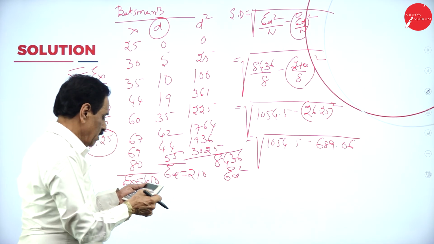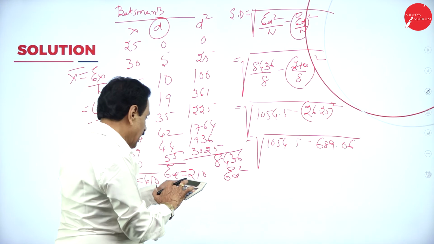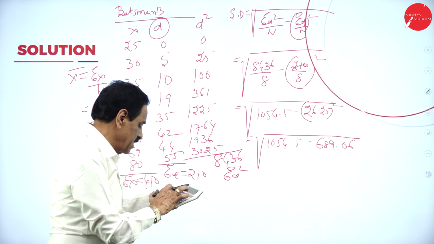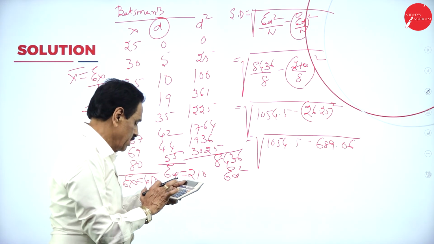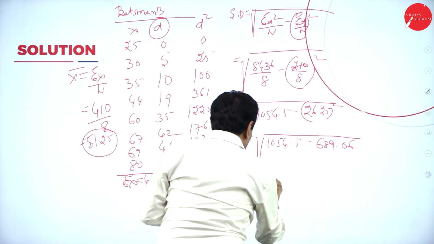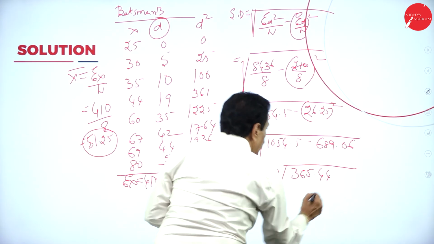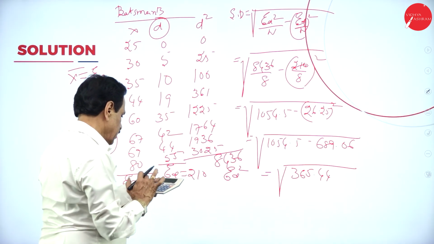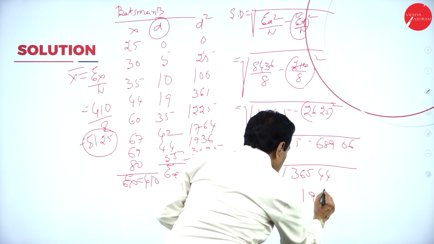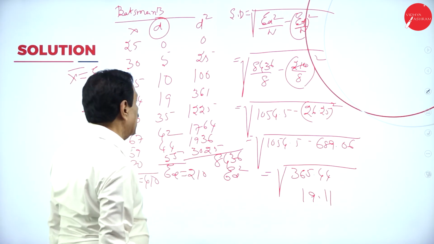Deduct 1054.5 minus 689.06, 365.44. Root of this, 19.11. What is 19.11? Standard deviation.